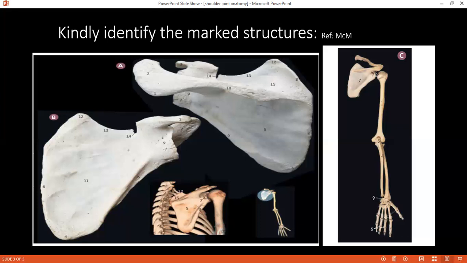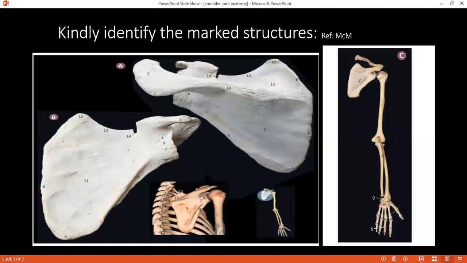And the acromioclavicular joint. Anything else? What are the factors which stabilize the shoulder joint? There are 2 types of factors. One is static, another is dynamic. In static, the capsule of the shoulder joint, the glenoid labrum, and the ligaments of the shoulder joint.